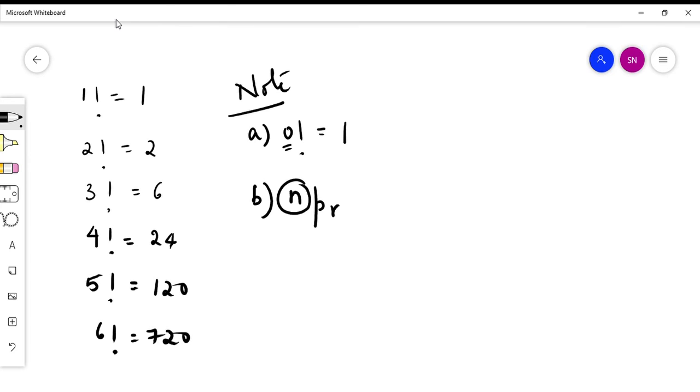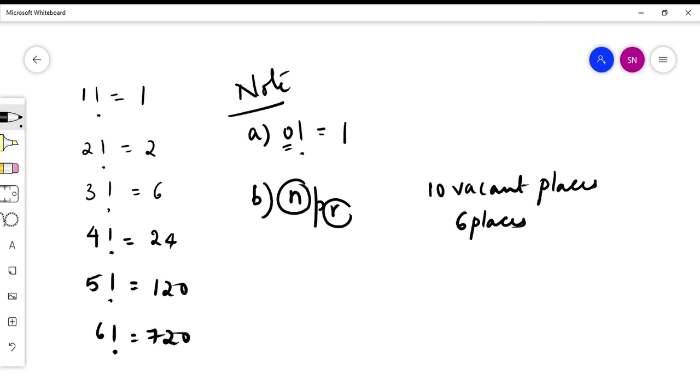Out of the total number of n things, I have to fill r number of things. So what do you mean by that? For example, there are 10 vacant places, okay, out of which I can accommodate 6 places.